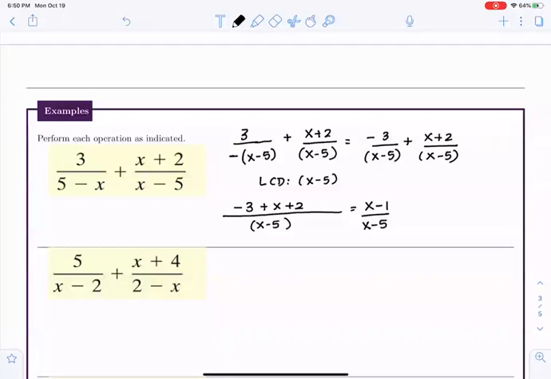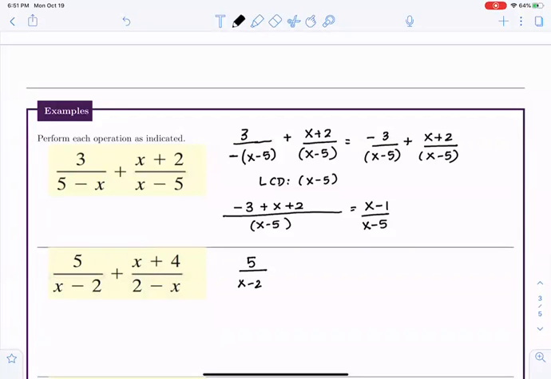So we have one denominator as x minus 2, the other is 2 minus x. By all means, they are the same with sign switched. So we could do the same trick like the previous problem, have 5 over x minus 2.